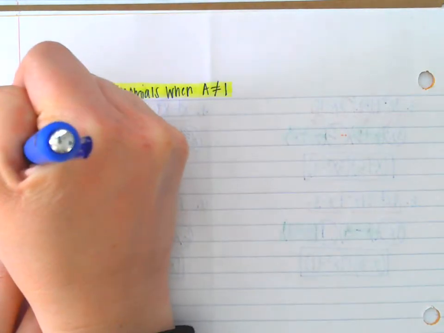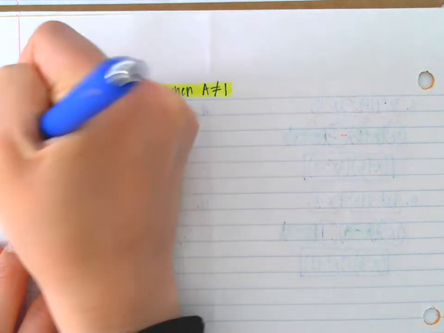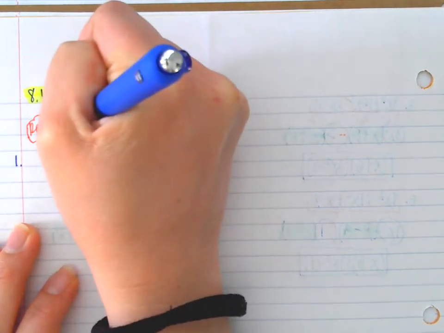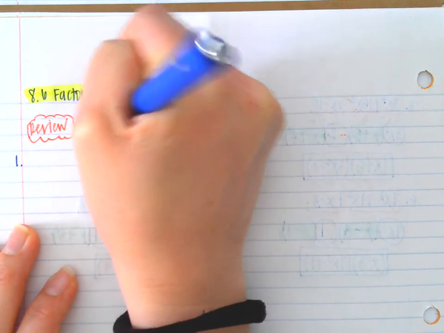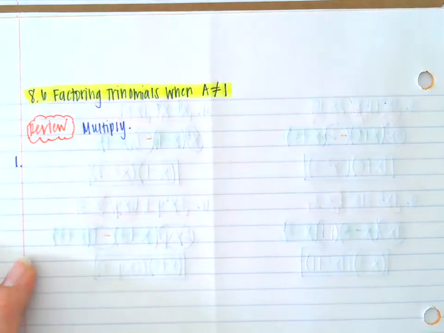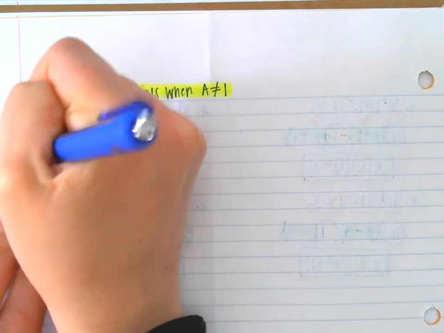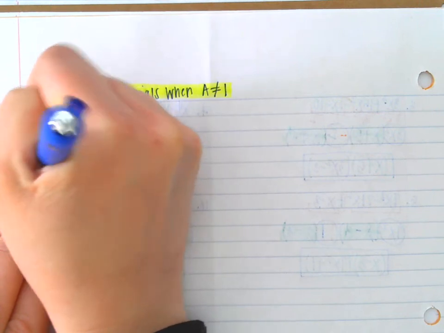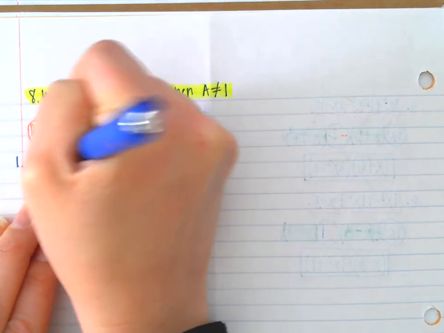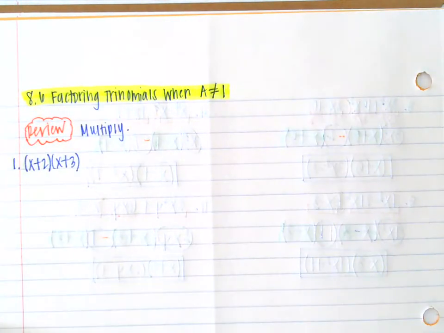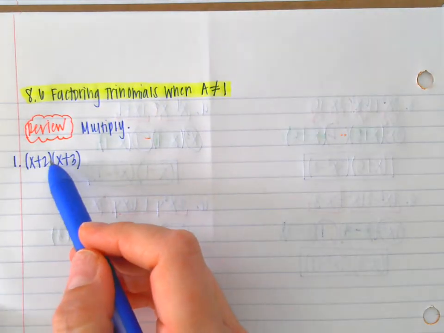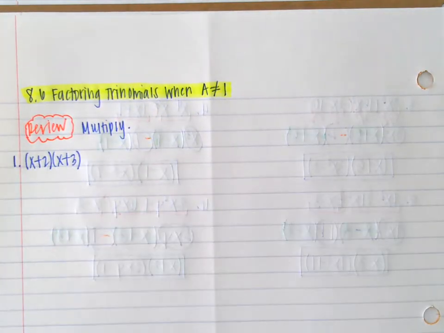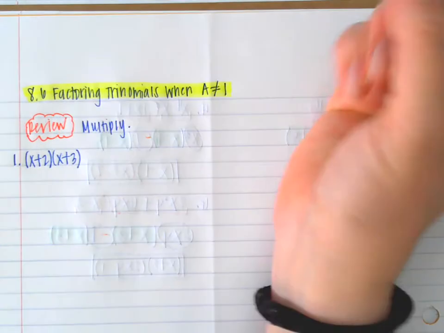I'm going to put multiply up here. Even though we should know that when I have two parentheses like this, x plus 2 times x plus 3, that means we're multiplying. There isn't an operation in between that we see, and when we don't see one, we can assume there's a multiplication in between there.